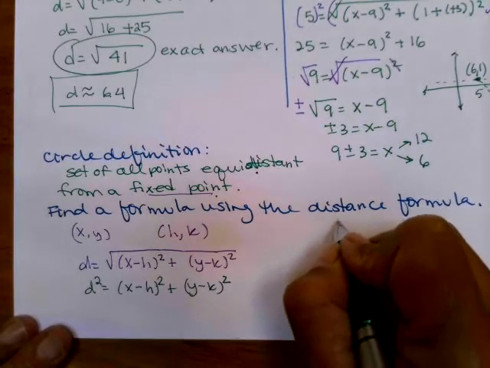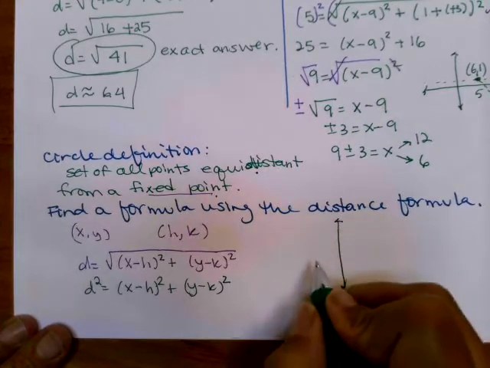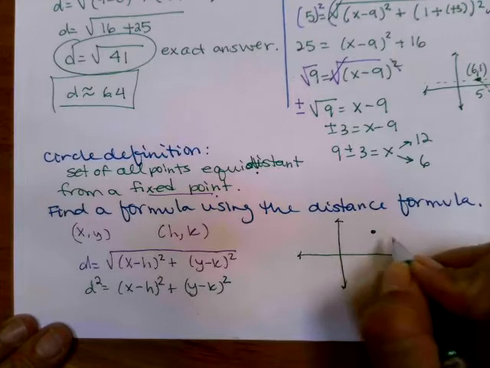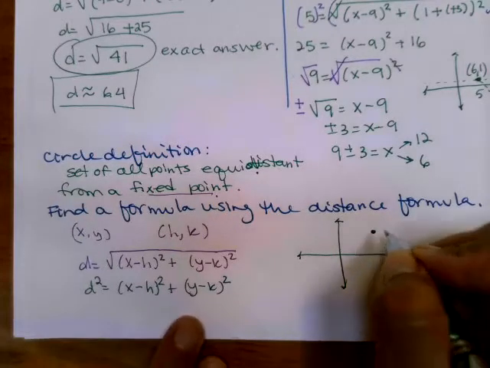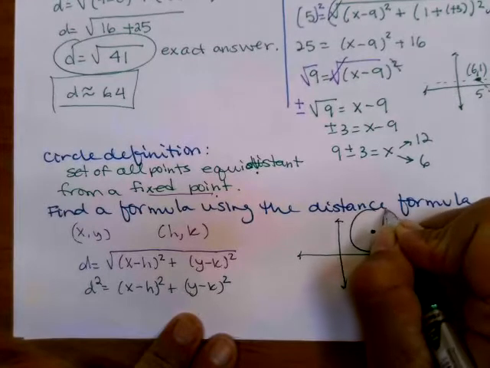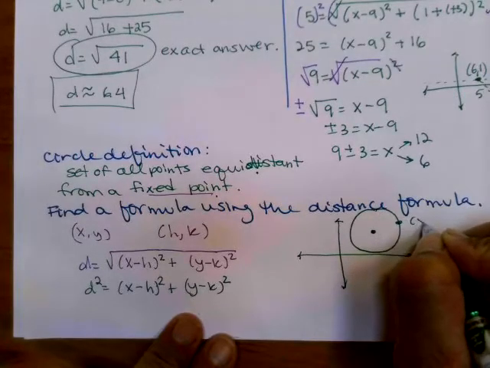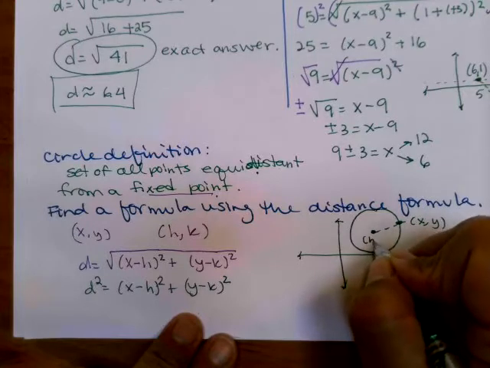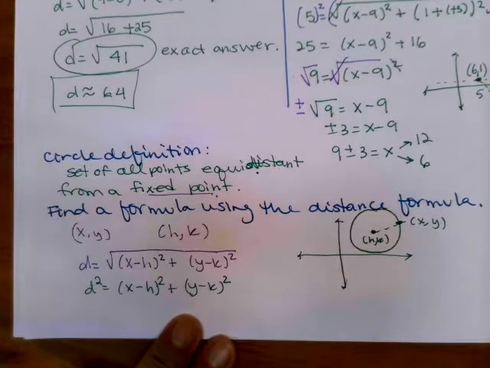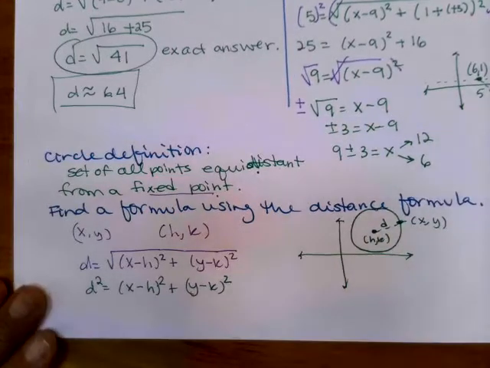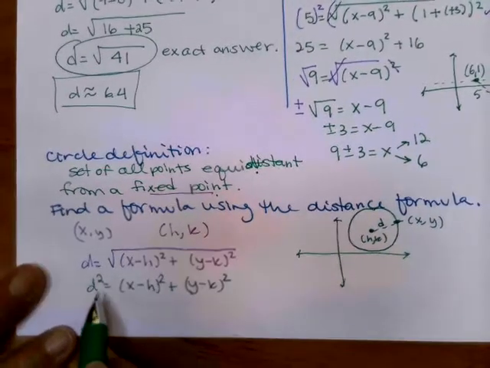So what that looks like, right, (h, k) is my fixed point, and then all of those points on the exterior of the circle can be (x, y). And this is our common distance. And really, we're not going to write it as a d.